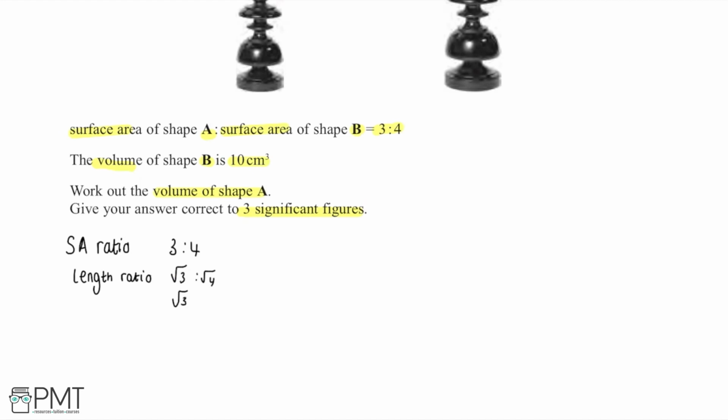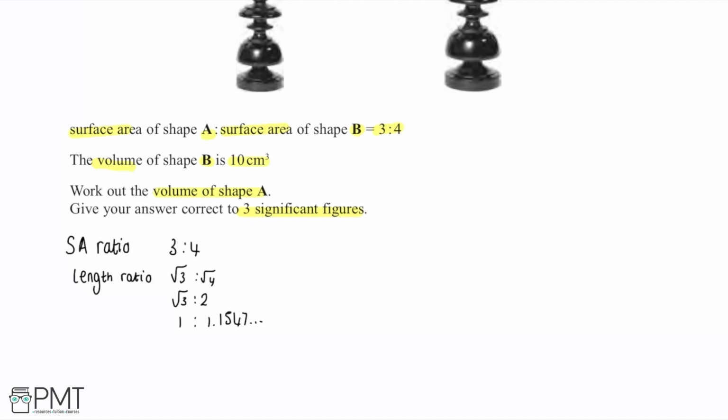So root 3 to 2, because the square root of 4 is 2. Now, to get this in a form that's a little bit easier to work with, we can divide both sides by root 3. So 1 to 2 divided by root 3, that gives us 1.1547, etc.